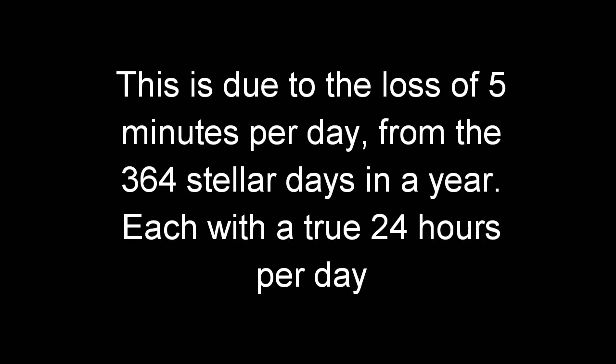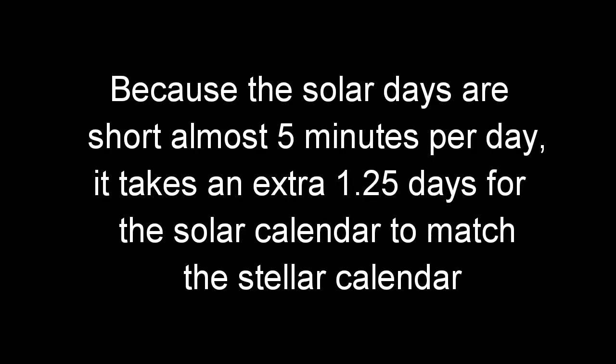This is due to the loss of 5 minutes per day from the 364 stellar days in a year, each with a true 24 hours per day. Because the solar days are short, almost 5 minutes per day, it takes an extra 1.25 days for the solar calendar to match the stellar calendar.